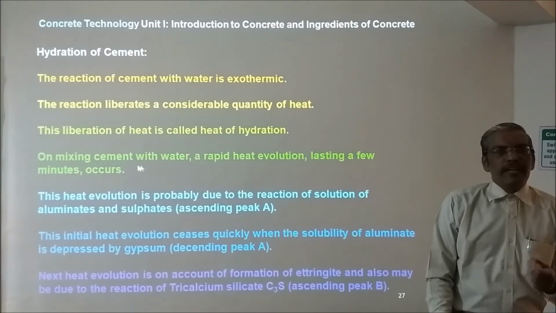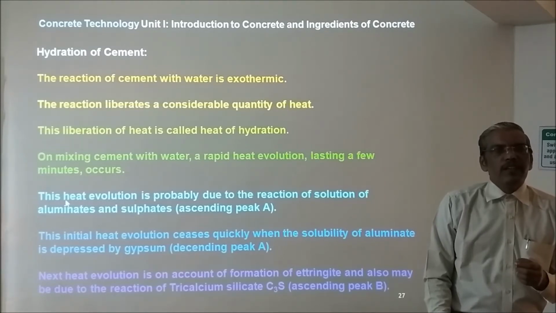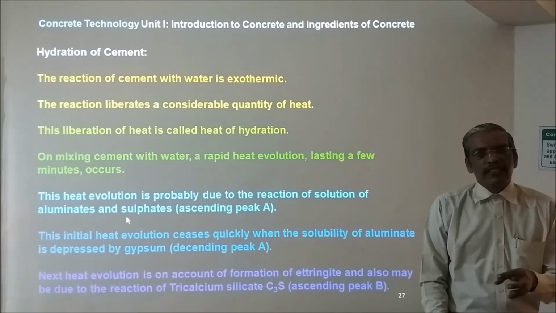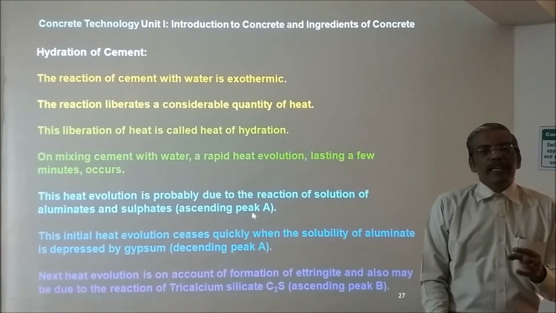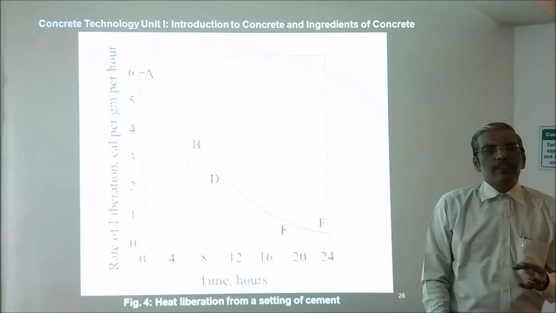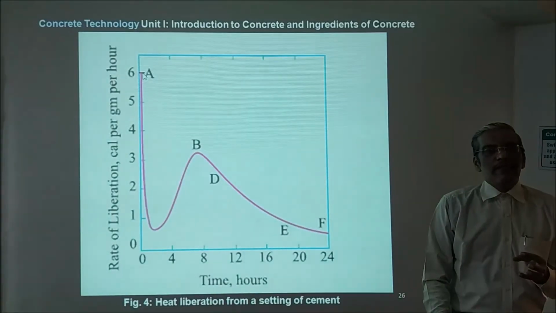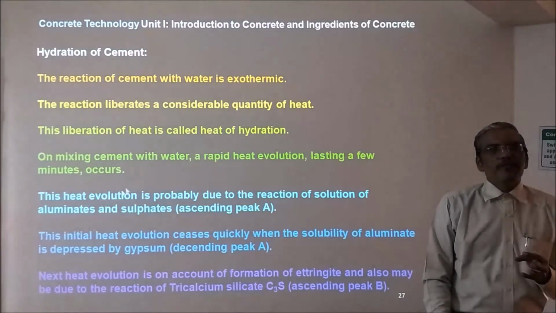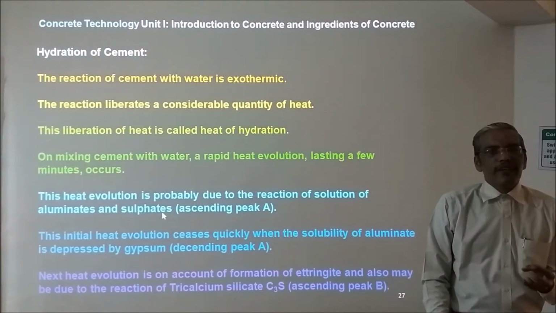On mixing cement with water, a rapid heat evolution lasting a few minutes occurs. The heat evolution is probably due to the reaction of the solution of aluminate and sulfates, that is the initial peak A. So previously we can see this peak A is there because of the solution of aluminates and the sulfates.